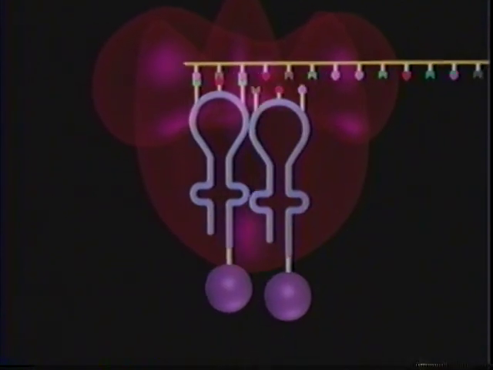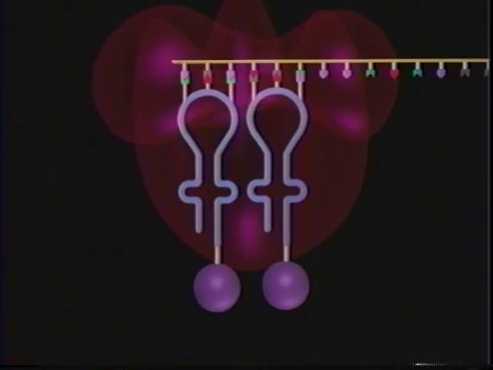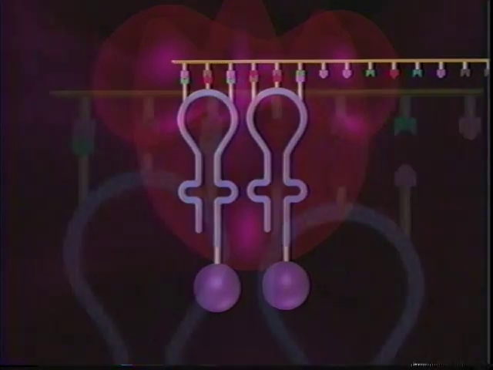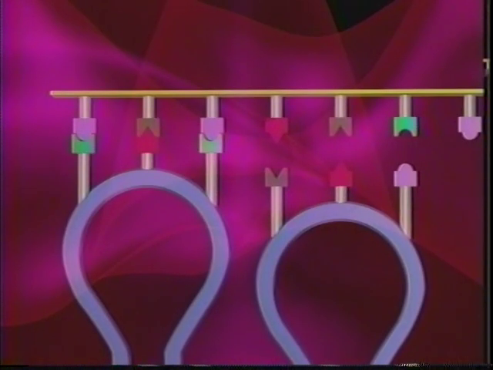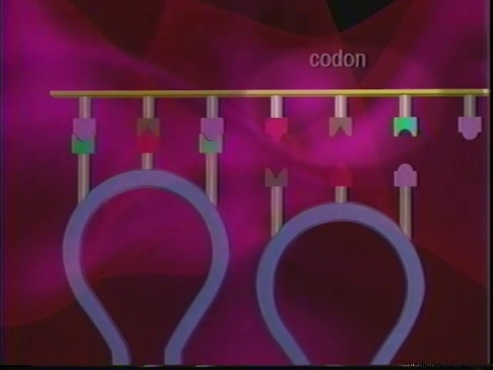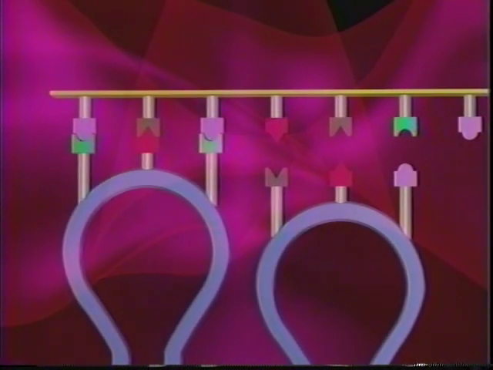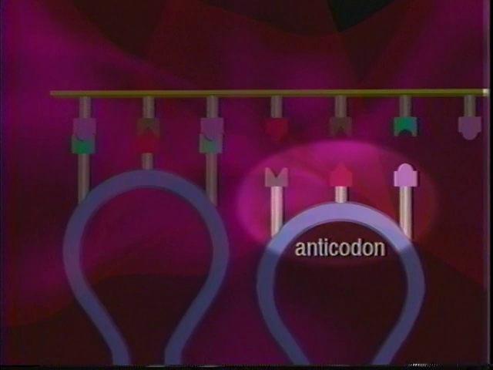An amino acid attaches to one end of the transfer RNA molecule, while on the other end are 3 exposed bases. Because these bases attach in complementary fashion to the 3 bases in an mRNA codon, this region of the tRNA molecule is called the anticodon.